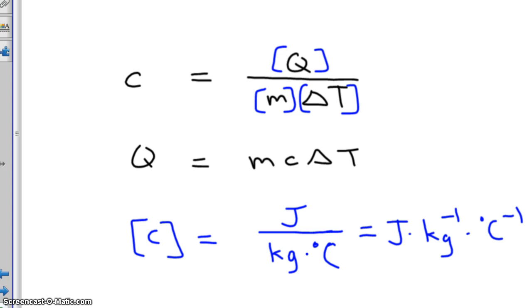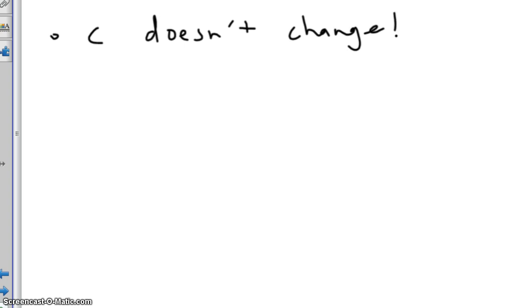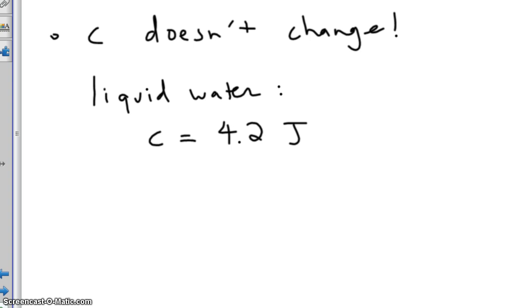The specific heat is something that doesn't change for a particular substance in a particular state. C, little c, doesn't change. Here's what I mean. Liquid water has a specific heat which is always equal to about 4.2 joules, kilogram to the negative 1, Kelvin to the negative 1.